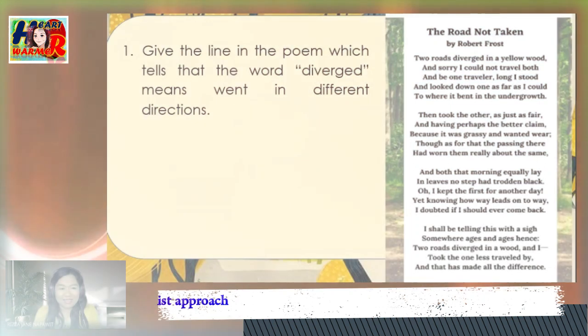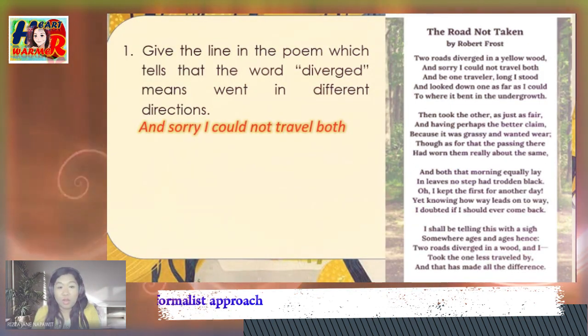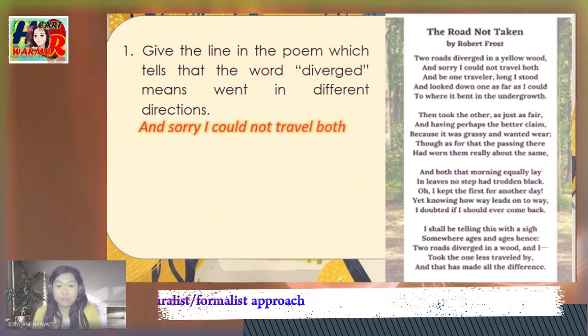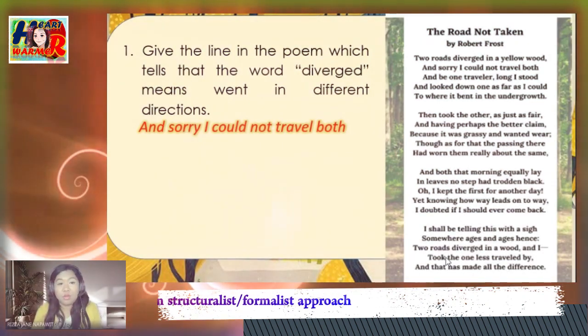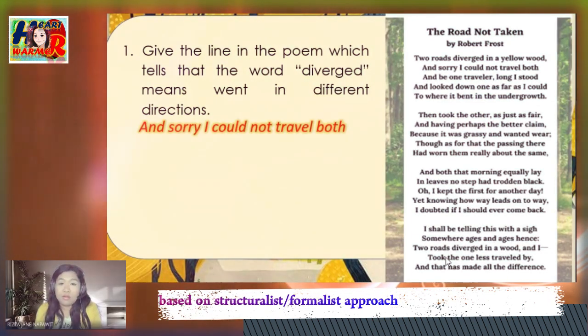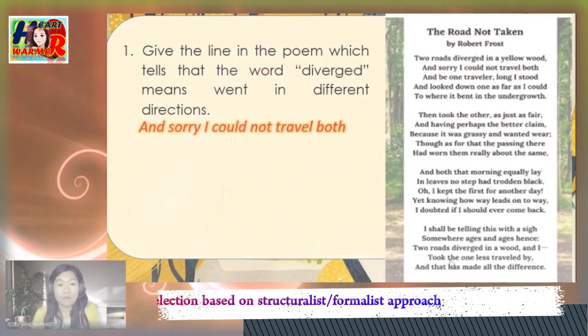Very simple, right? It says here, "And sorry I could not travel both." So, the idea there is we could not travel both paths. So that's why there are two roads in different directions.